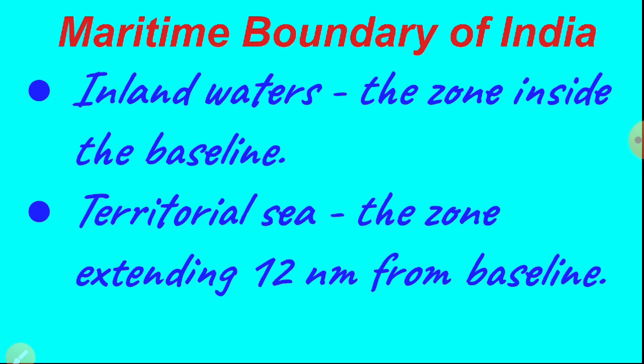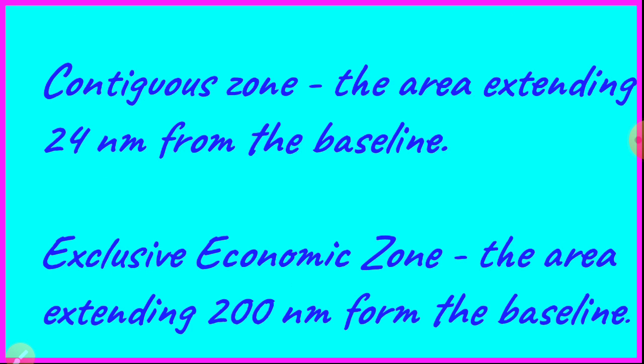Second, territorial sea, the zone extending 12 nautical miles from the baseline. Third, contiguous zone, the area extending 24 nautical miles from the baseline. Fourth, exclusive economic zone, EEZ, the area extending 200 nautical miles from the baseline.